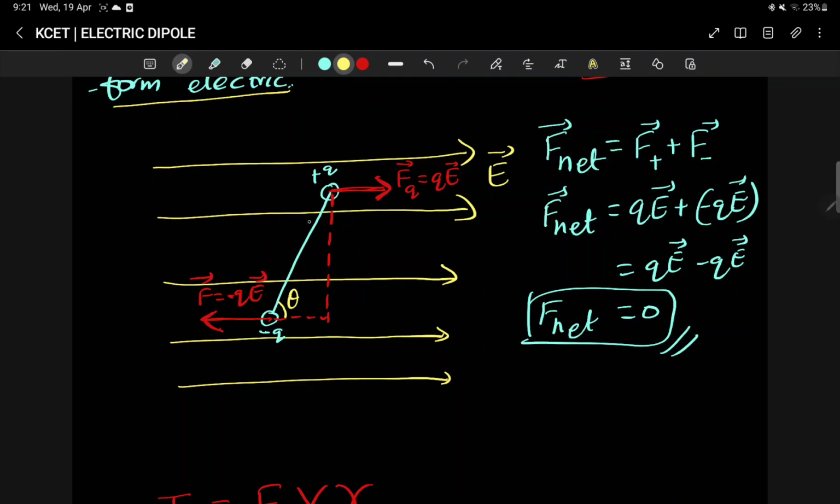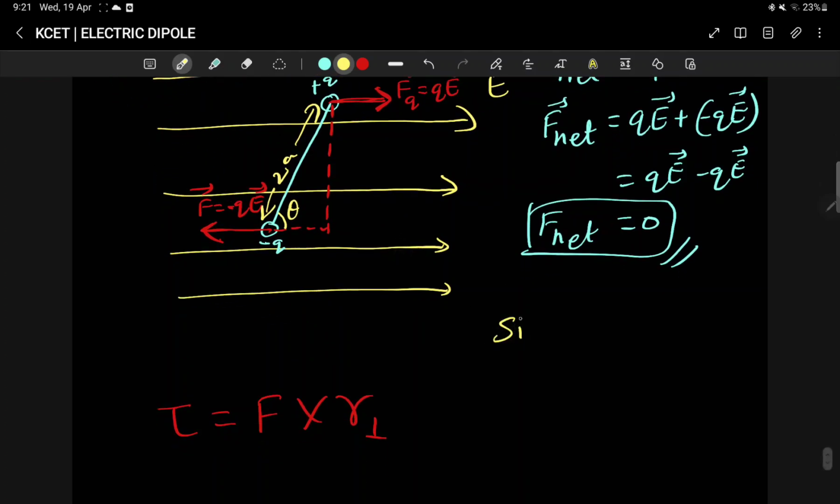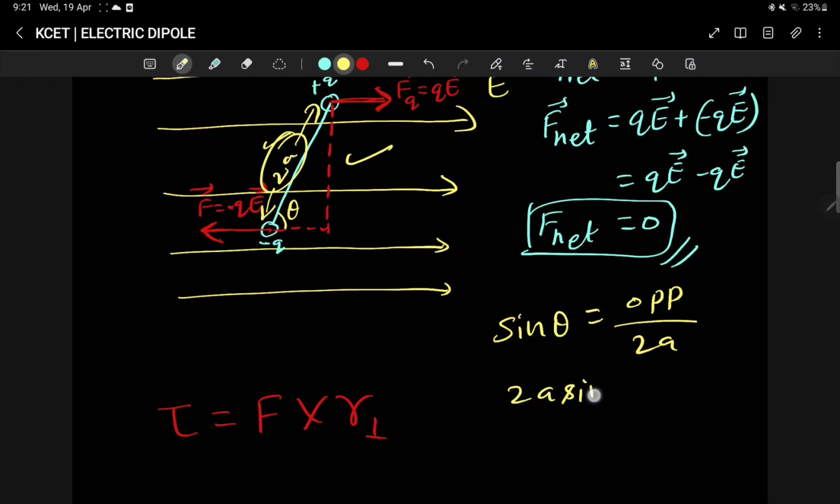Since it is an electric dipole, this length will be 2a. Dipole means two equal and opposite charges separated by small distance 2a. So sin theta is equal to opposite by hypotenuse, and hypotenuse is 2a. So 2a sin theta is equal to opposite.